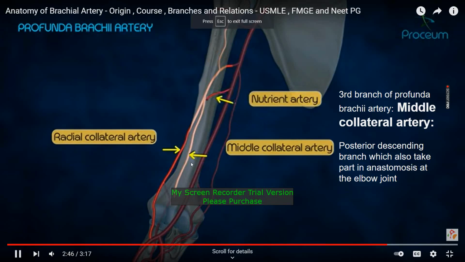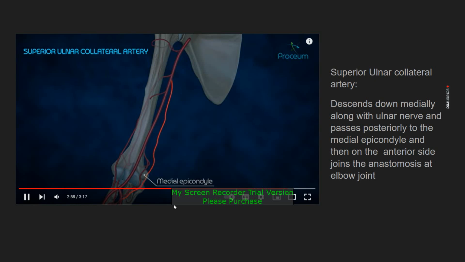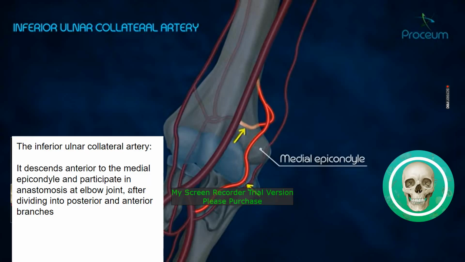And then it also gives rise to the descending branch of the profunda brachii artery, that is the middle collateral artery, which also participates in the anastomosis with the elbow joint. And then the superior ulnar collateral artery runs on the medial side along with the ulnar nerve and passes posterior to the medial epicondyle, and also joins the anastomosis at the elbow joint.